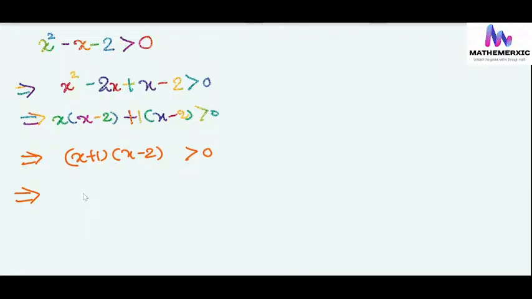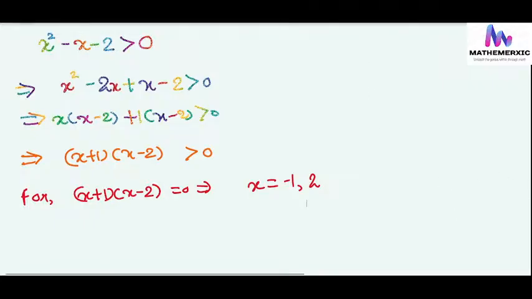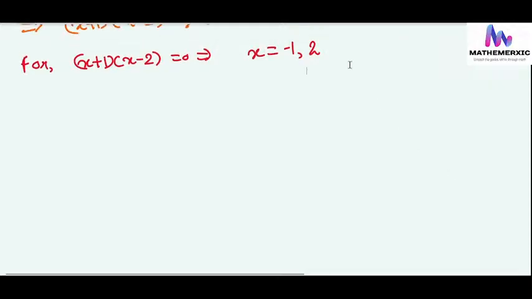So when we are equating it with 0, for (x plus 1)(x minus 2) equal to 0, we have x is equal to minus 1 and 2. Now on the number line we have to do the things. We will mark both of the points on the number line.